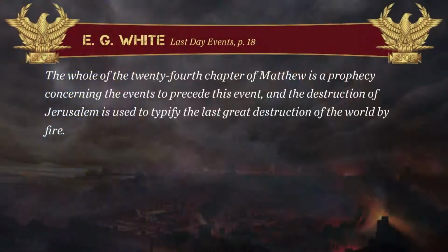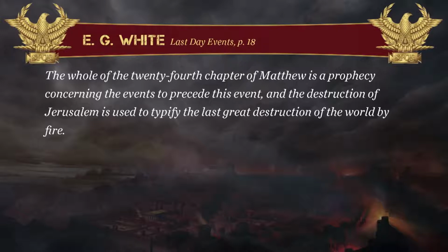The whole of the 24th chapter of Matthew is a prophecy concerning the events to precede this event. What event? Well, she just said, the signs to take place prior to the coming of the Son of Man. So she says the whole chapter of Matthew 24 is a prophecy concerning the events to precede this event.